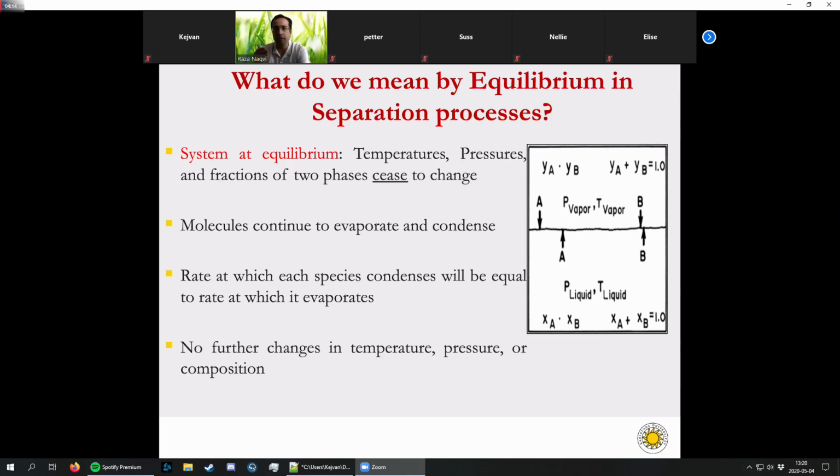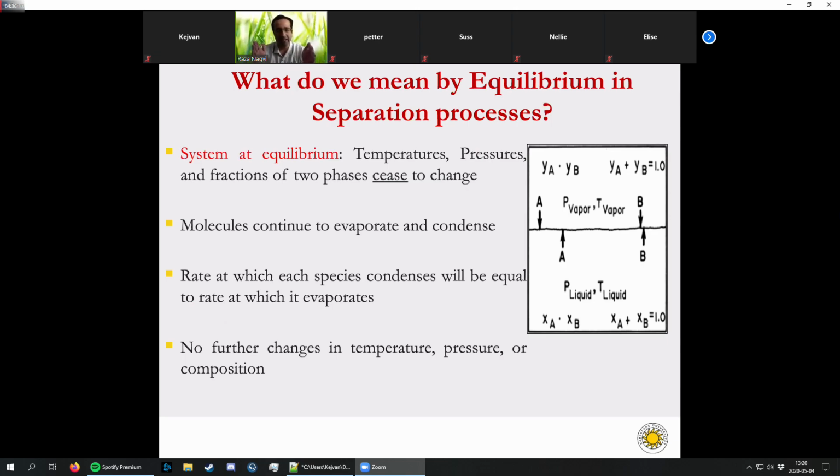This is the point that we would like to reach in equilibrium stage processes, because when we achieve equilibrium, there is no further driving force left. So in the beginning of the process we have a significant amount of driving force.